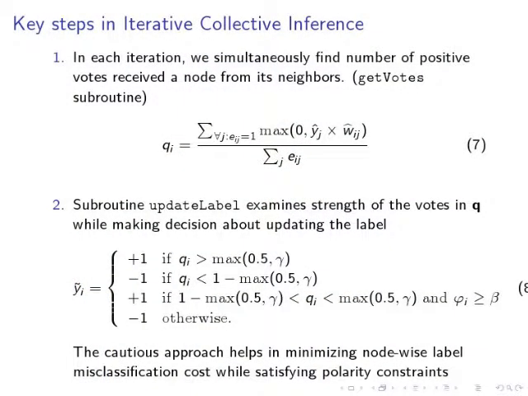So at each node, we obtain the vote from its neighbors and find out how many of my neighbors are positive. Based on that, we make a cautious update. So this is the step where we obtain the number of positive votes from the neighbors, and then we update the label based on some kind of cautious mechanism.